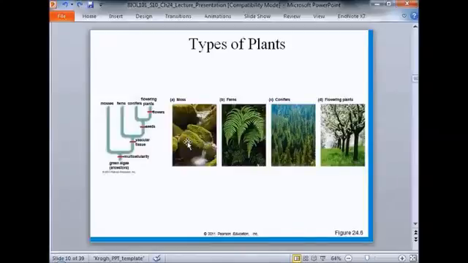The reason is mosses are still dependent on water for reproduction, and they don't have a vascular system. And so what this means for mosses is that a moss cannot grow very tall. A moss is stuck near the ground because it can only get water to its extremities by sucking it up kind of like a sponge. Also, it still has a sperm and egg type thing that require water for reproduction.